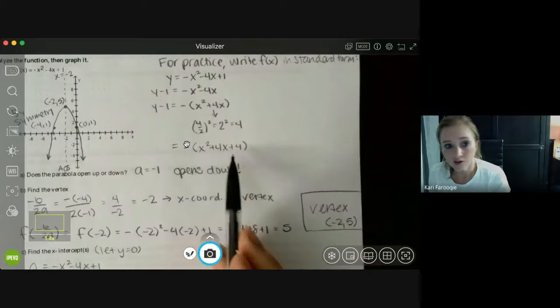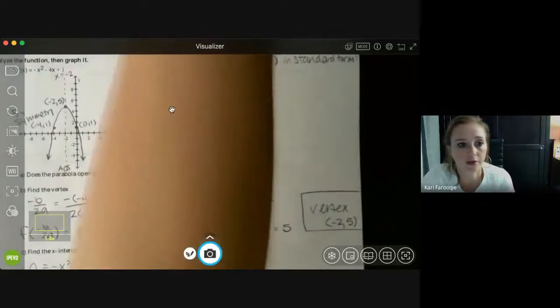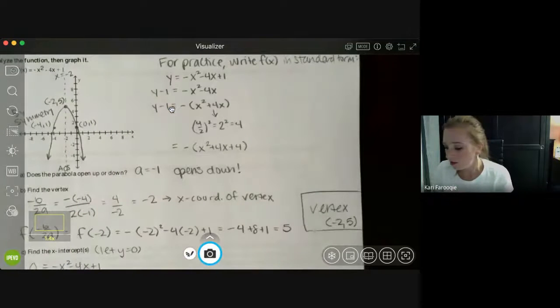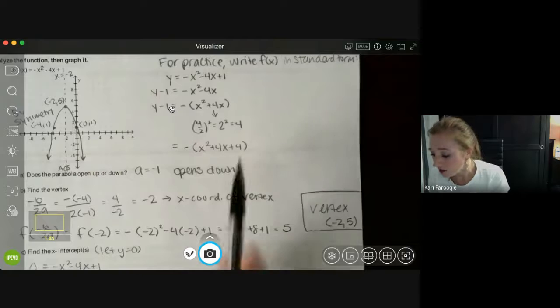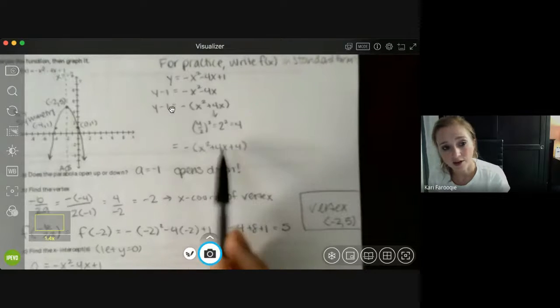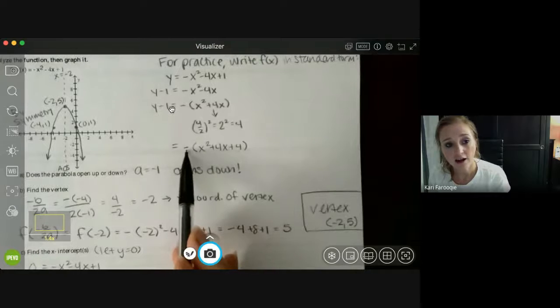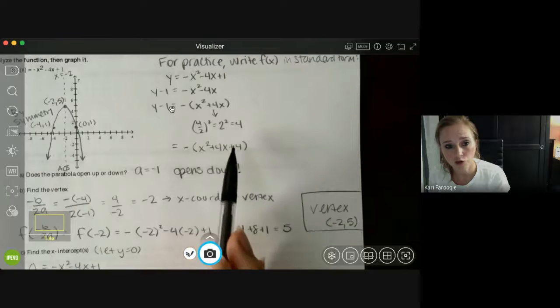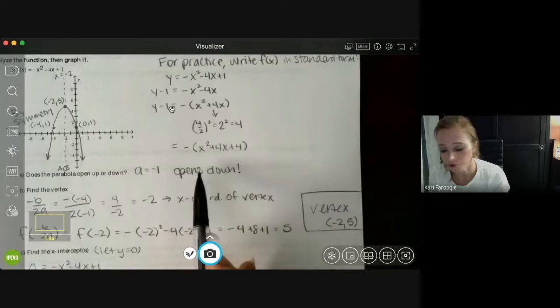I've created this perfect square trinomial now inside the parentheses. The issue is I didn't actually add 4 to this side. I added 4 inside the parentheses. I actually added negative 4 because this negative sign is going to end up getting distributed into all of these terms.